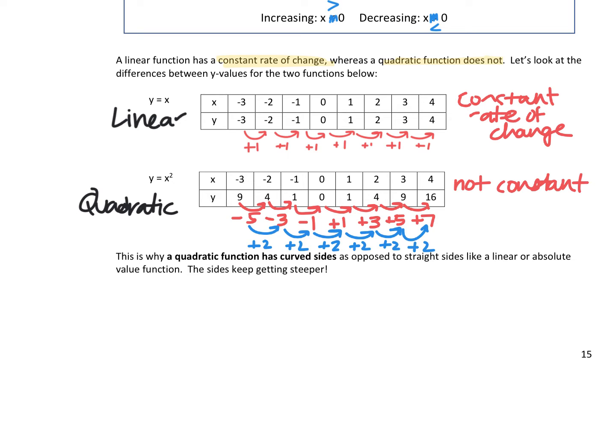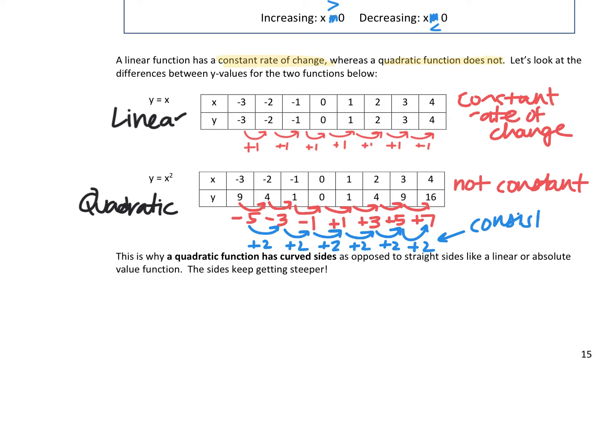The change between the change is constant. So it does have a pattern because it's adding, kind of like adding 2 more each time. This one gets you a consistent pattern.